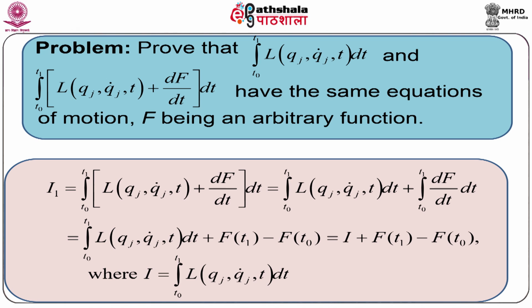capital I1 equal to integration t0 to t1 L function of qj, qj dot and t plus dF/dt dt. Here qj is the generalized coordinate, qj dot is the generalized velocity and t is the time.